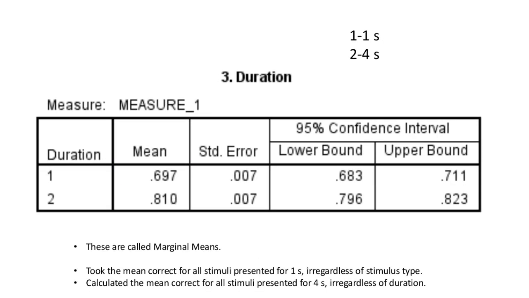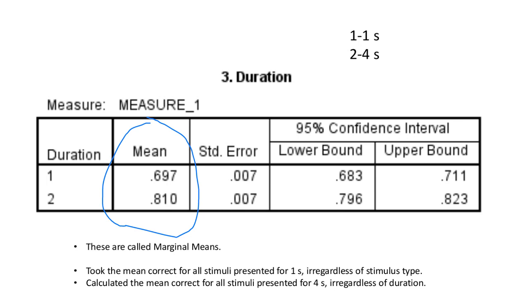What about this? What does this show? So 1 is our 1 second and 2 is our 4 second. What do you think this statistic, this output shows? Anyone?